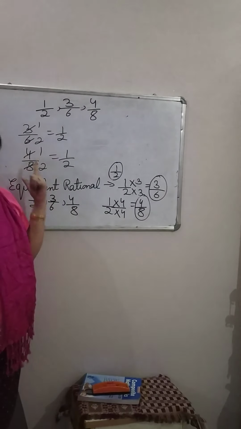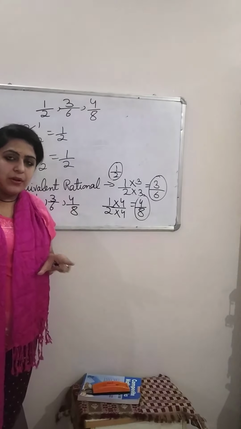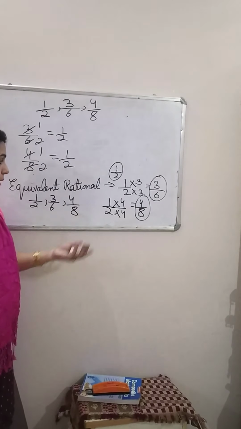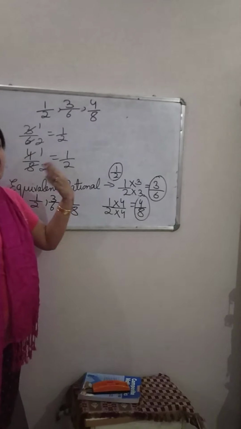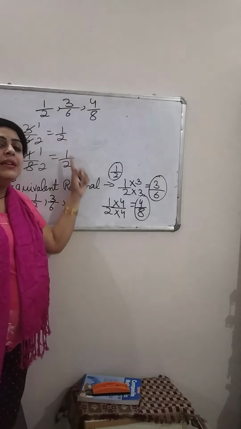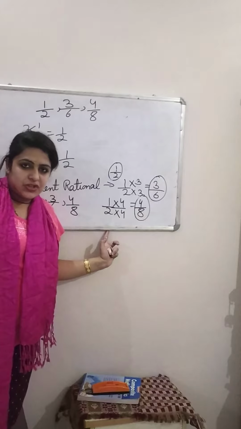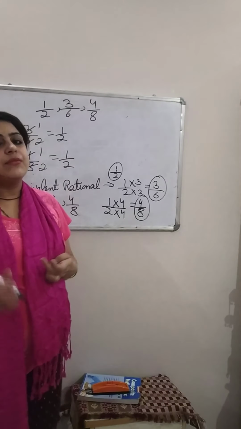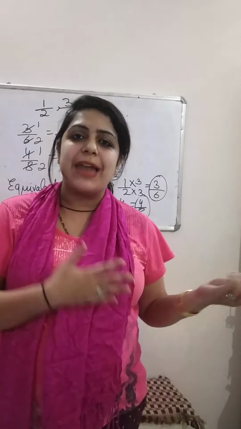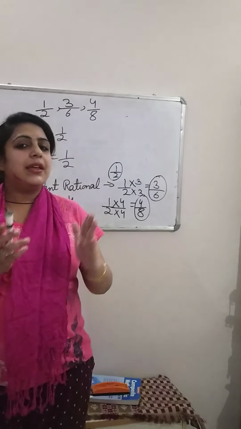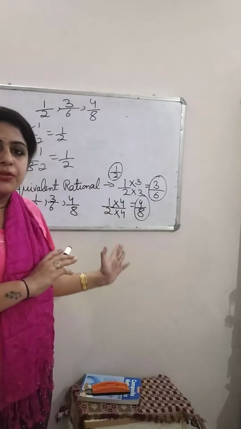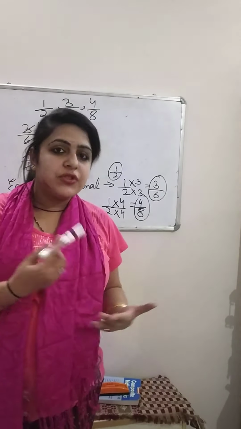So that means these three are equivalent rational numbers. You can see it either way. Either we multiply by the same number or after cancelling we get the same number. Okay? So this becomes an equivalent rational number. After this we'll come to the exercise part, comparison of rational numbers. Till then you note down this, just go through this, then I'll come to the next part.